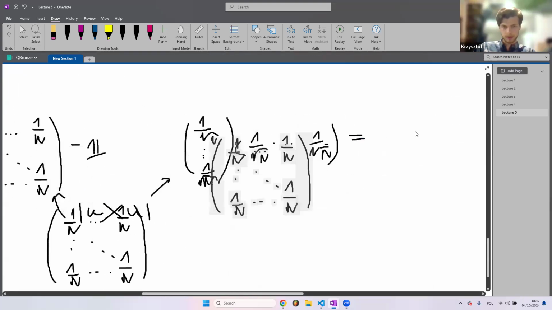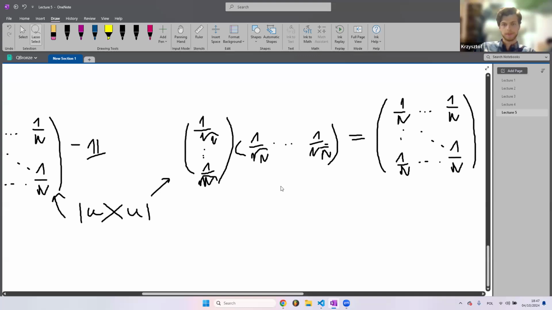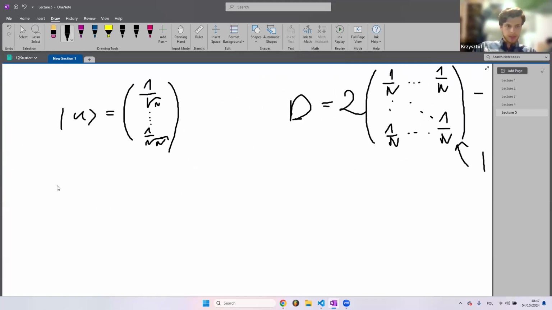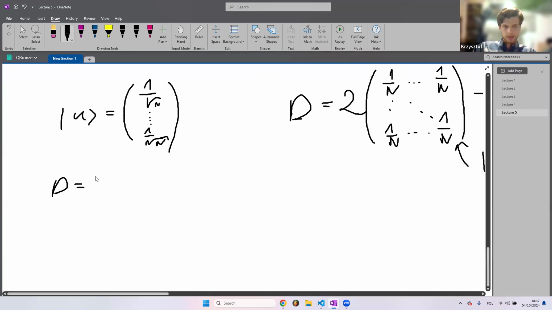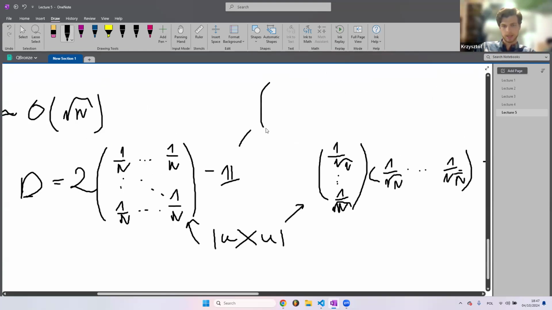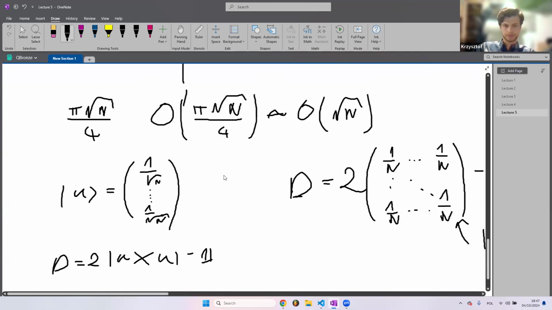So let's write D as 2 times U minus the identity matrix. And as you may recall, the identity matrix is just ones on the diagonal and zeros on the off diagonals.